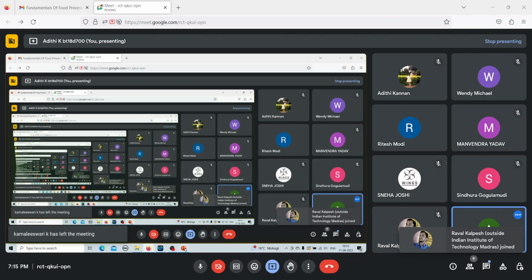So since D is directly proportional to F, and we are dealing with a ratio here, you can also write D2 by D1 is also equal to F2 by F1, which is equal to 10 power (T1 minus T2) by Z.